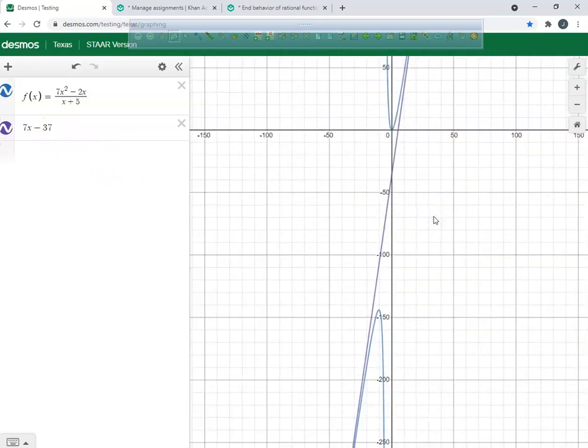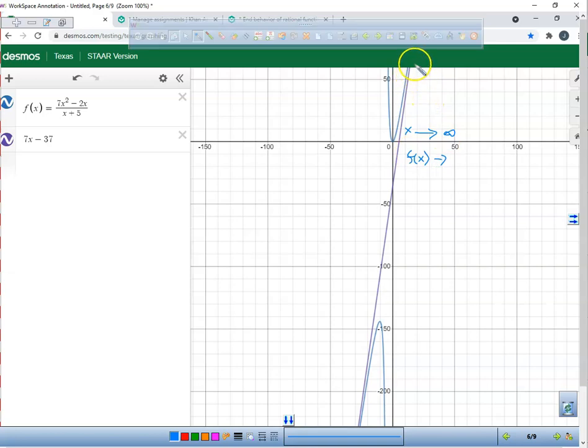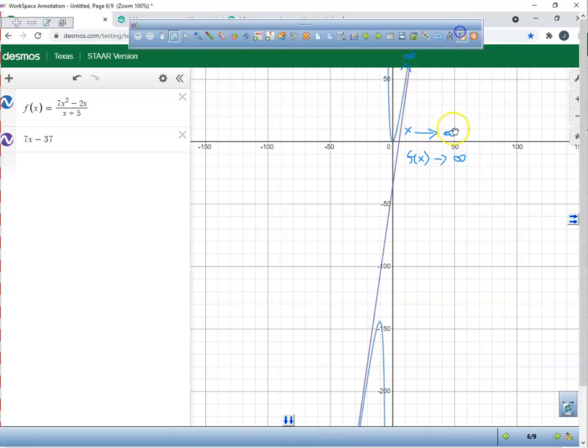So let's ask ourselves, as my x values are going towards positive infinity, what's happening to f of x? What does it look like they're going towards? Positive infinity.